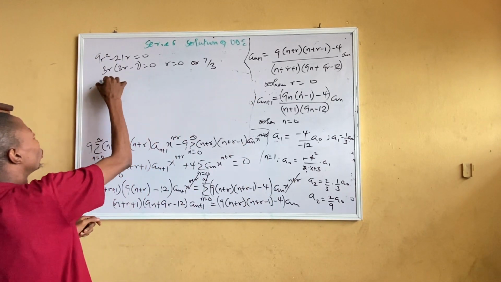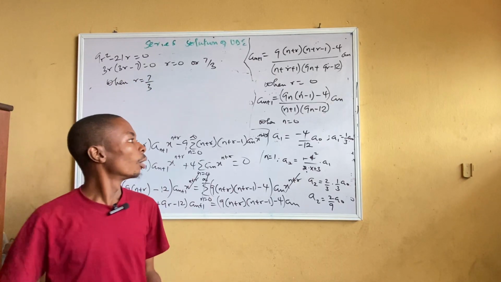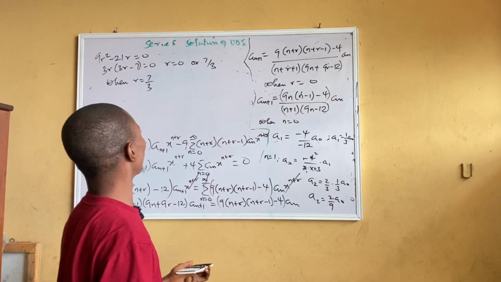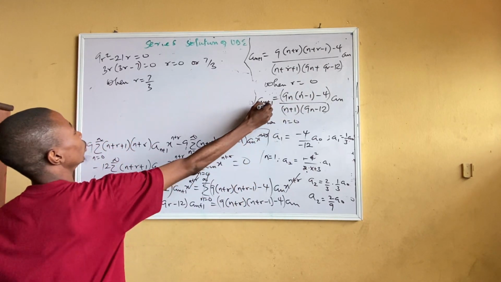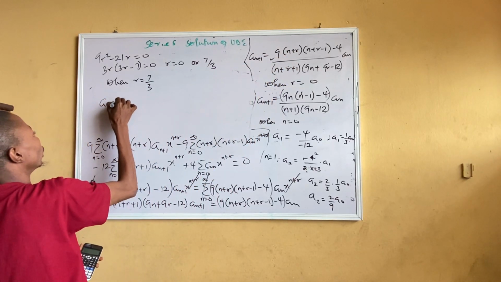Now when r equals 7 over 3, this is where I'm going to use a calculator. Put 7 over 3 into this recurrence formula. So it will be a_{n+1}.